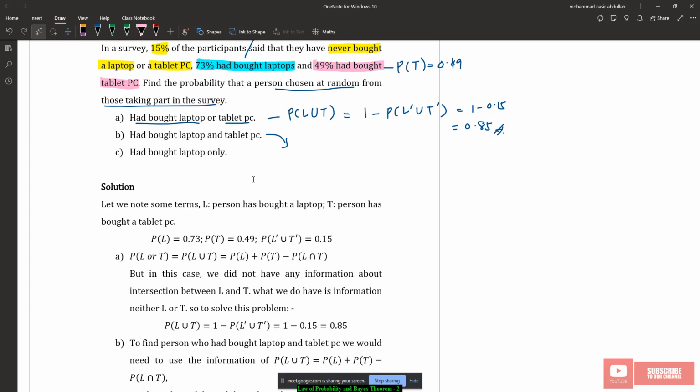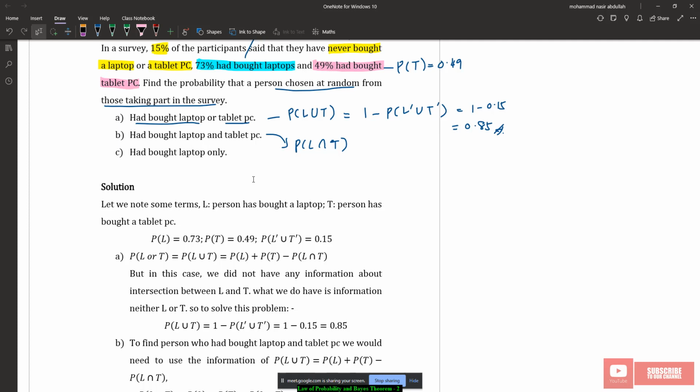And next one is probability of laptop and tablet, right? So we need to understand whether buying a laptop and buying a tablet is an independent event or a dependent event. We cannot say, right?